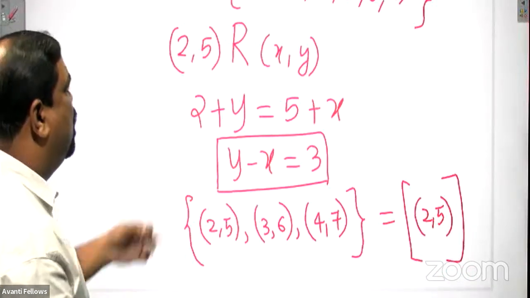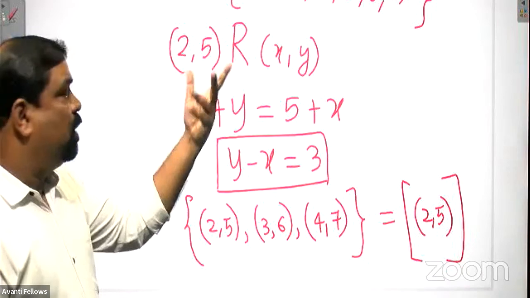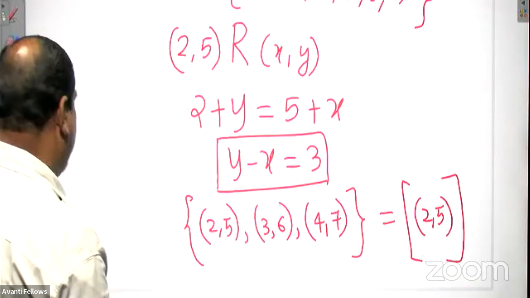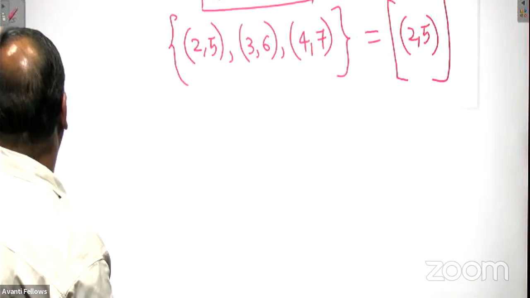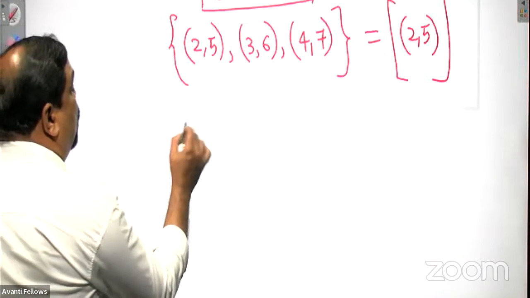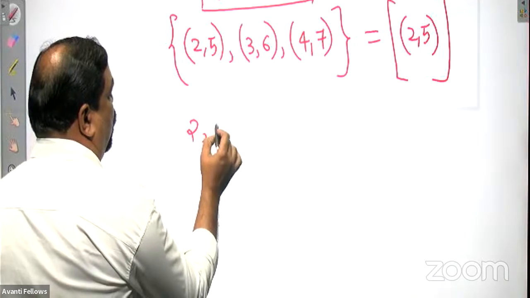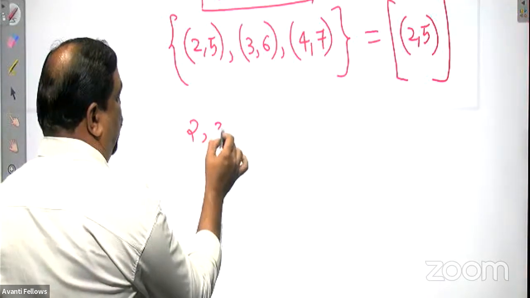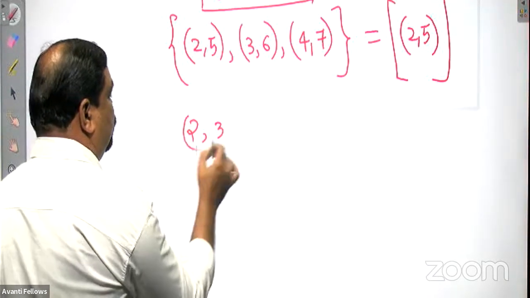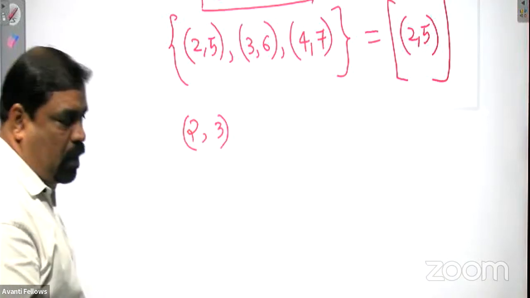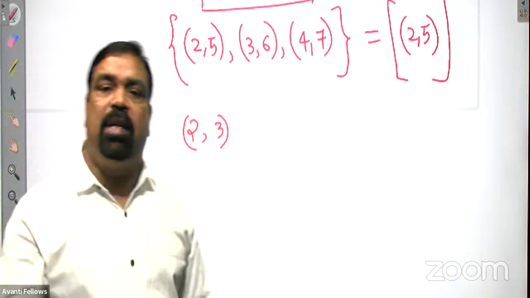Okay, in this question, the element given is 2, 5. In some other cases, some other element may be given. So accordingly, we have to write. Suppose the question is to find the elements related to 2, 3, for example. Okay, you write the equivalence class containing 2, 3.